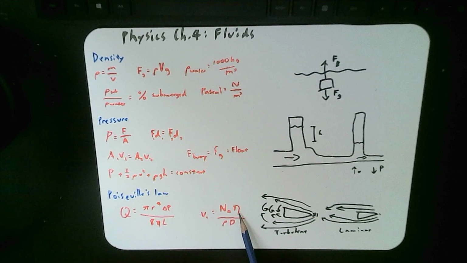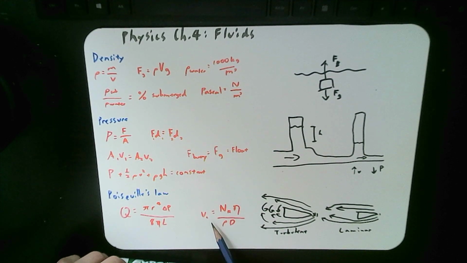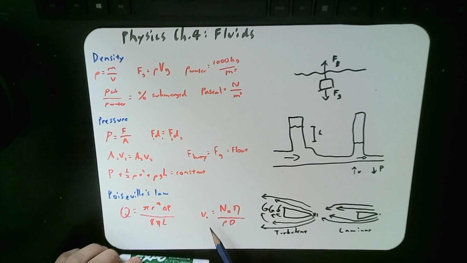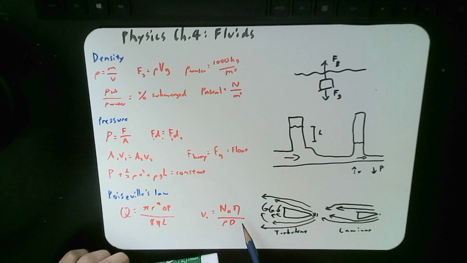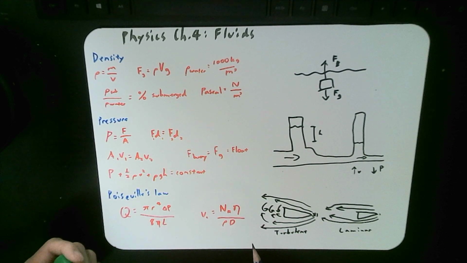If the viscosity of the fluid is greater, such as honey, then you may have a larger critical velocity. But if it's through something with a lot less viscosity, such as a vacuum, for instance, it's going to experience laminar flow a lot better.